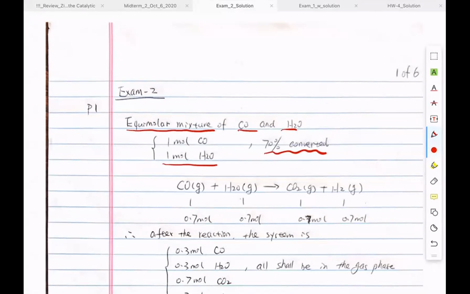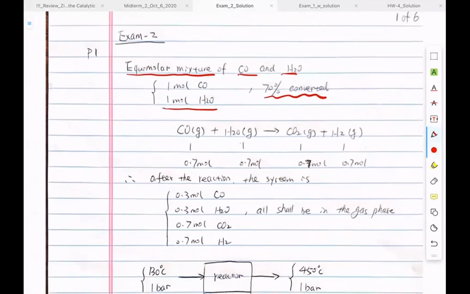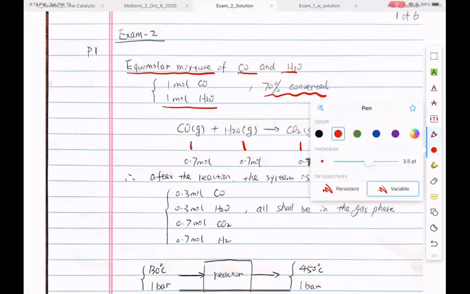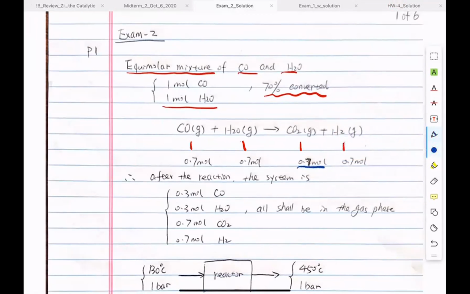So when you write down the reaction involving CO and water, the stoichiometric coefficient would be 1 to 1, producing 1 mole of CO2 and hydrogen. So if we assume 70% of 1 mole of the initial inlet will be converted, then we are going to produce 0.7 mole of CO2 and hydrogen, right?